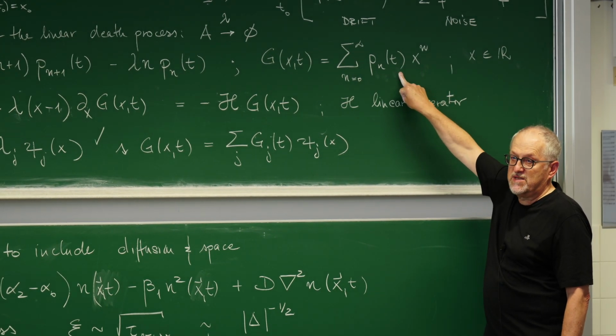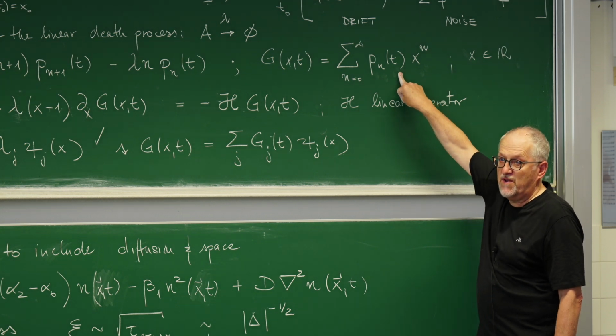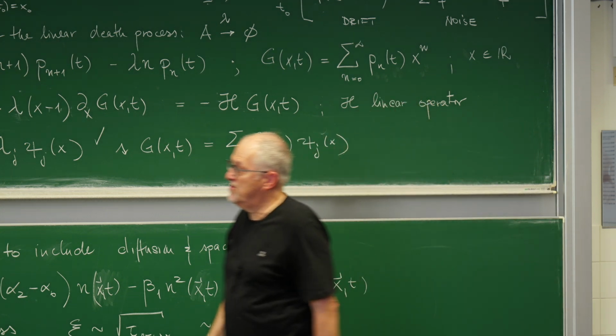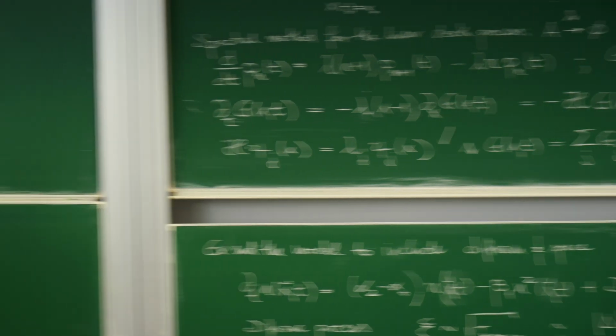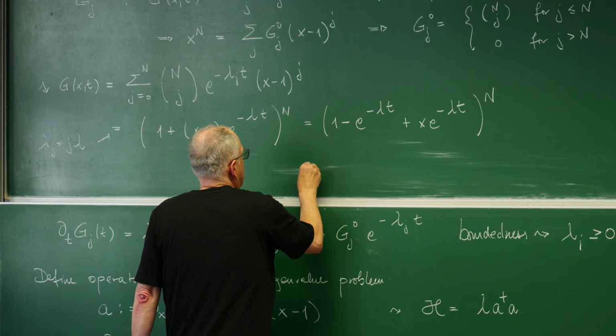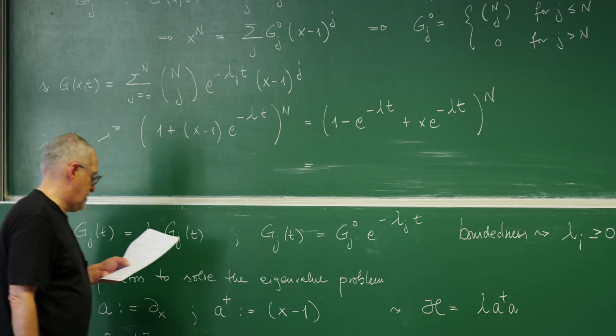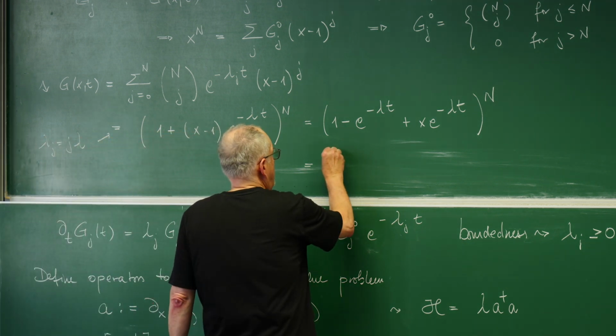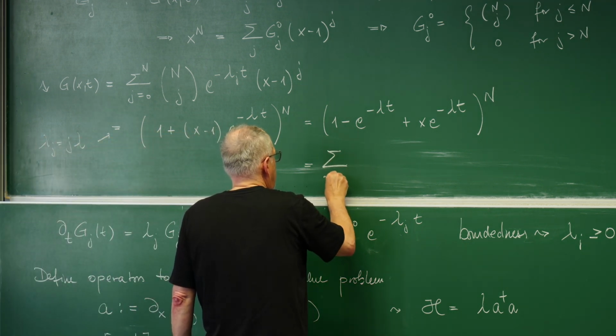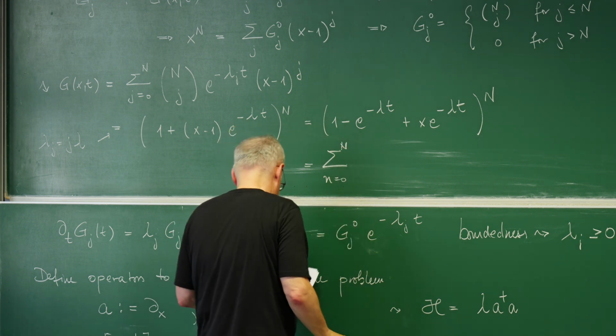You can do this in a cumbersome way by taking all the derivatives if you like, but you can also notice that this object that you have here, you can again write as a binomial sum.